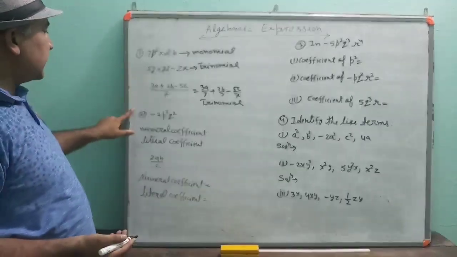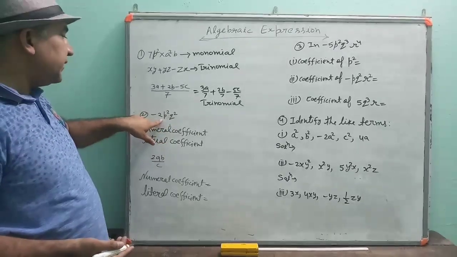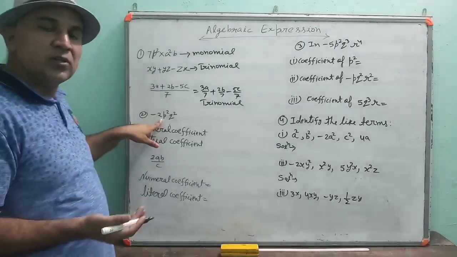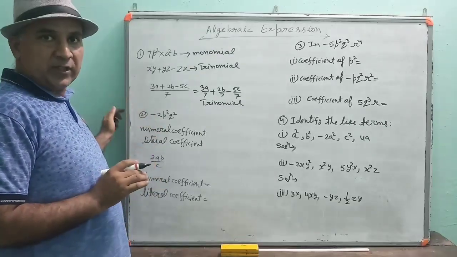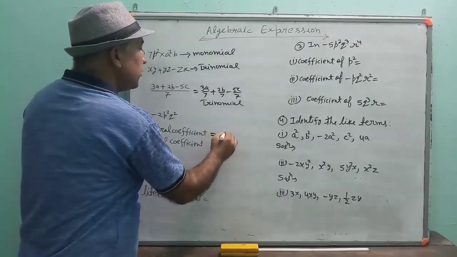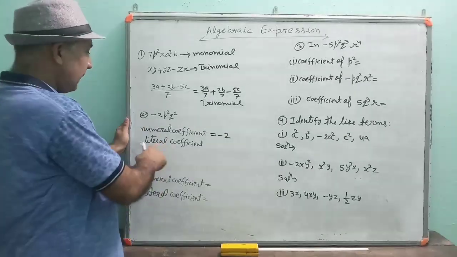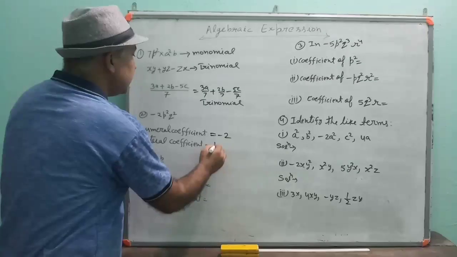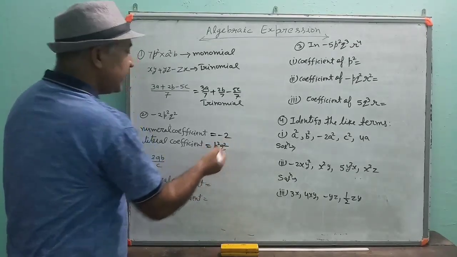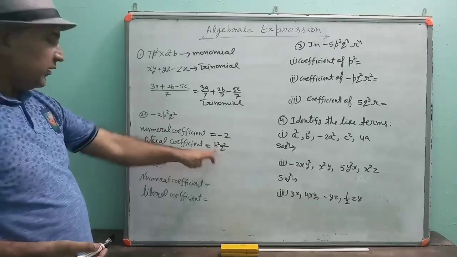Now you can identify the polynomial's name. Okay? Now see the second question. Minus 2p square q square. Here we have to find the numeral coefficient and literal coefficient. Numeral coefficient means the number with sign also. Sign will always be with the numerals. And literal coefficients are the alphabets, variables, that is p square q square. Okay?